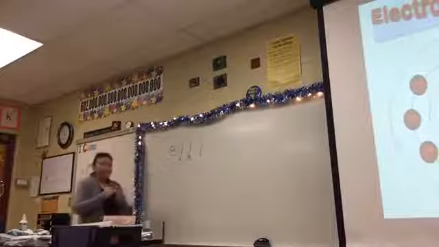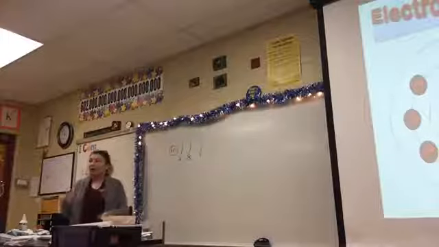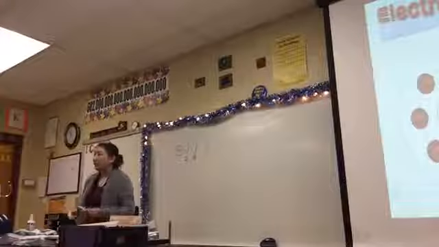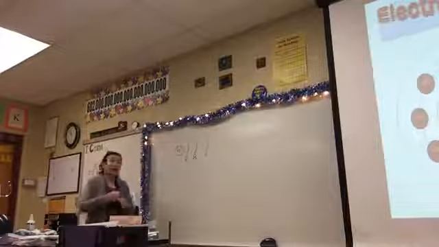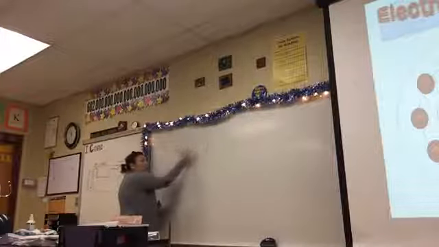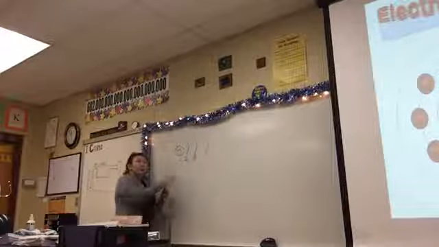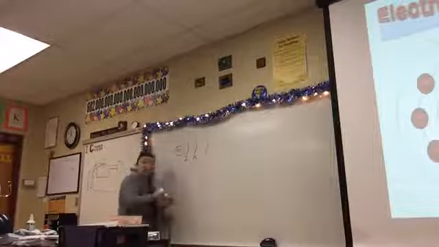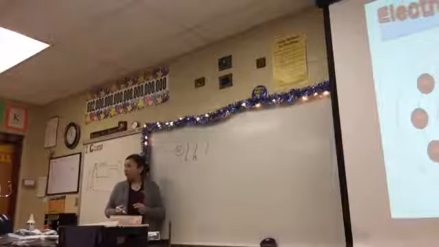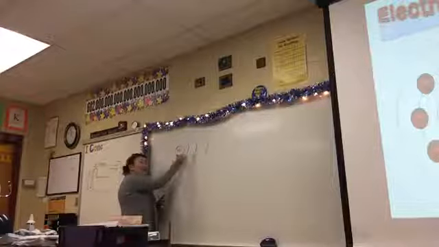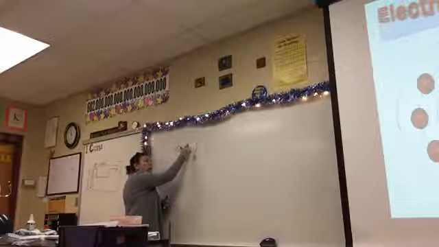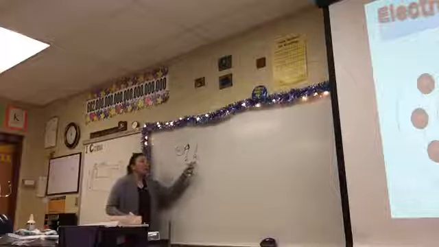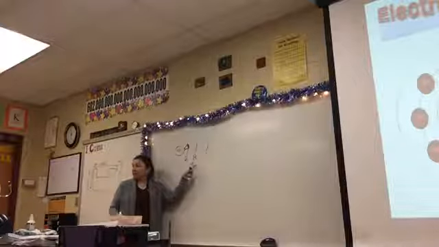Well, basically we know the protons are very attracted to the electrons, right? And they're reaching out and trying to pull in on them. These protons want these electrons as close to them as they possibly can. That's what they want. So as they try to pull them in, they go through 2, then 8 to get to the outermost shell.